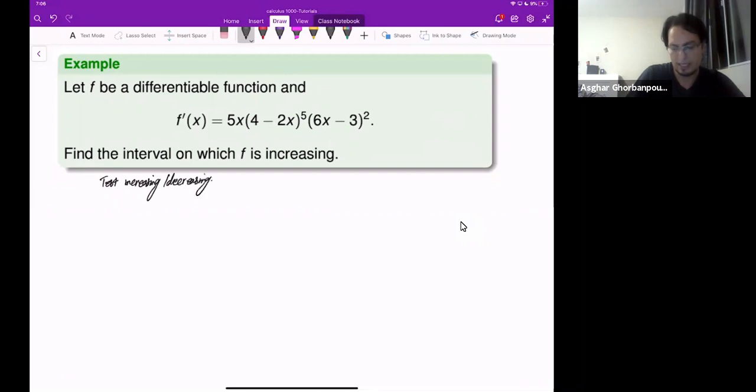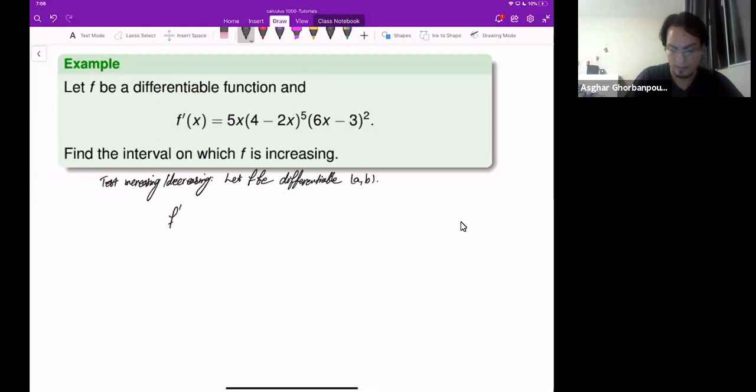What does it say? First of all, this only works for functions which are differentiable. So let f be differentiable on an open interval, like a to b.